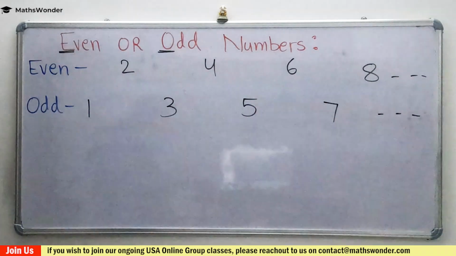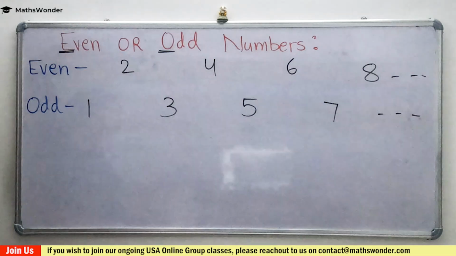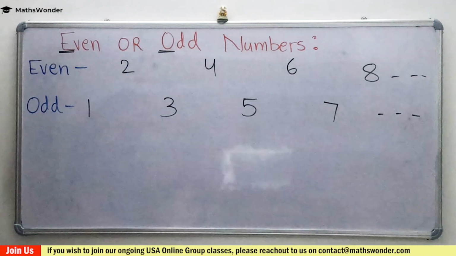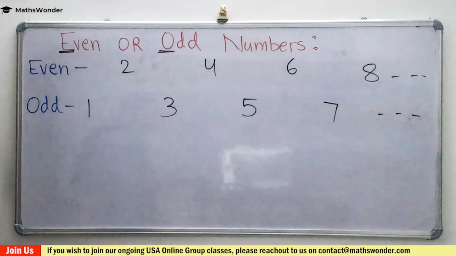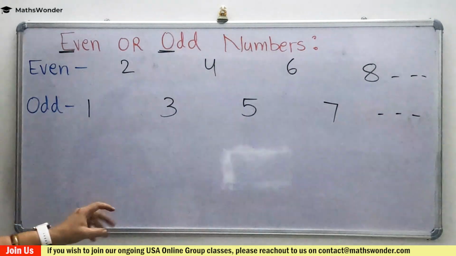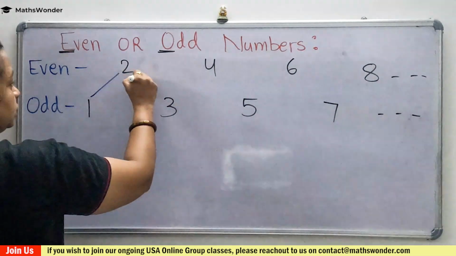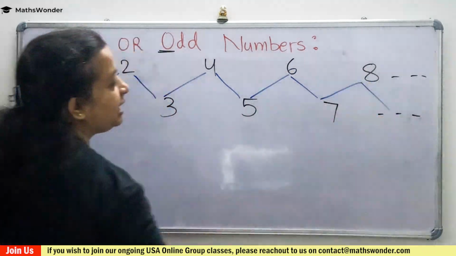Same in the odd. A number is called an odd number if it is not a multiple of 2 or divisible by 2. So 1, 3, 5, 7. There are infinite odd numbers. Taking together odd and even numbers, we get natural numbers: 1, 2, 3, 4, 5, 6, 7, 8, 9 and so on.